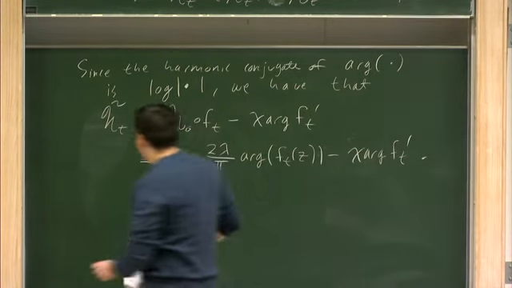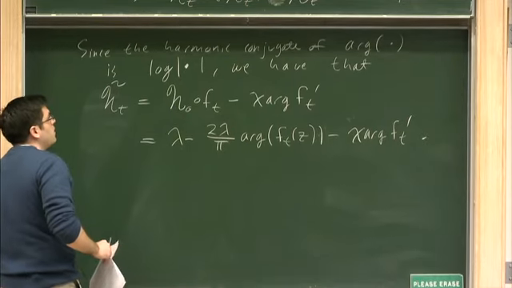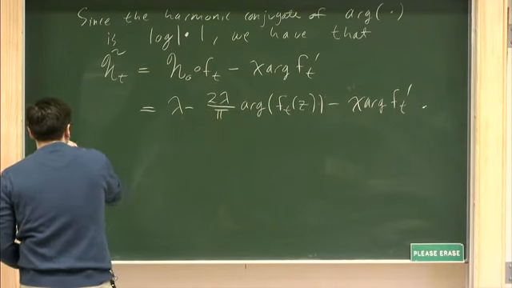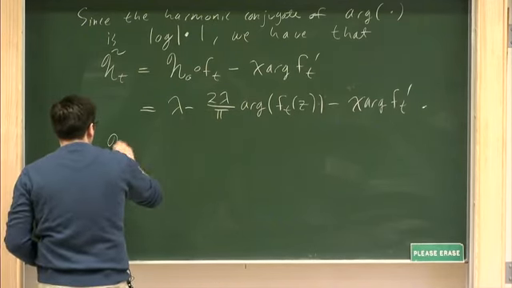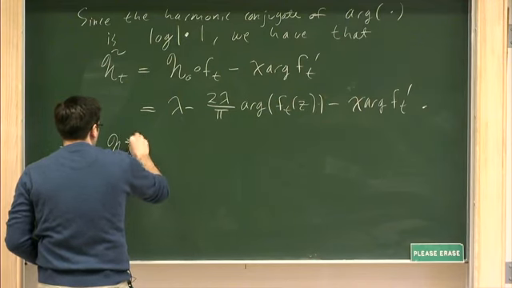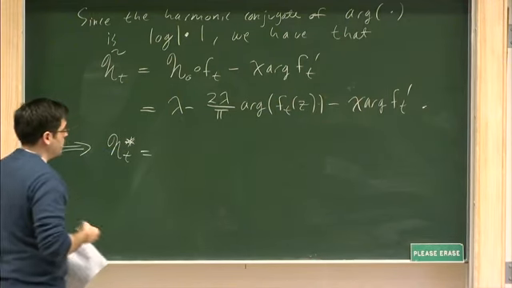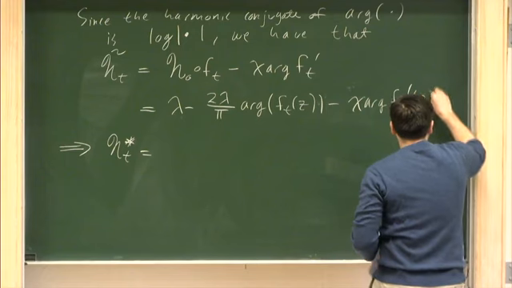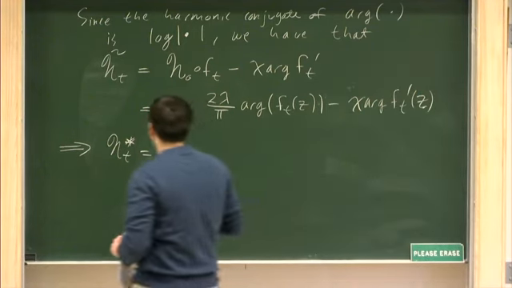All right, and now if I add to this its harmonic conjugate, we get ht star. This is going to be the same thing, except I'm going to replace all of the argument functions with log functions.